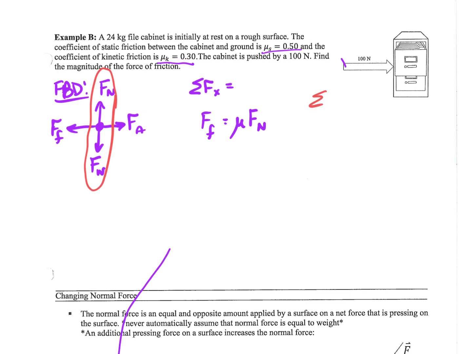So if we do the sum of forces in the y direction, which is ma, that's 0, isn't it? So we know that the normal force is equal to the force of gravity, which is what? Mass times gravity. That means the force of friction is equal to mu times mg in this case.